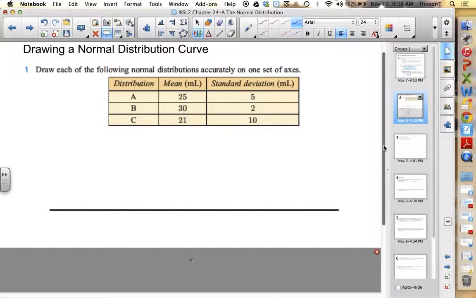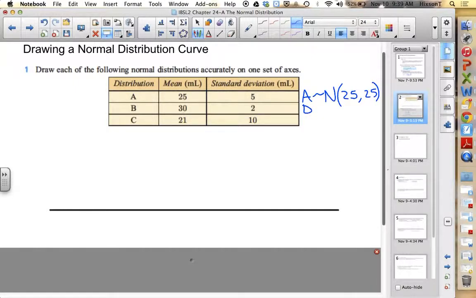But here we're given 3 different values that are distributed normally, okay? And what we could say in this case is A is distributed normally with a mean of 25 and a variance of 25. Yeah. Do be careful if you're given it this way. Remember that this second number is variance, so you need to square root it. Okay?